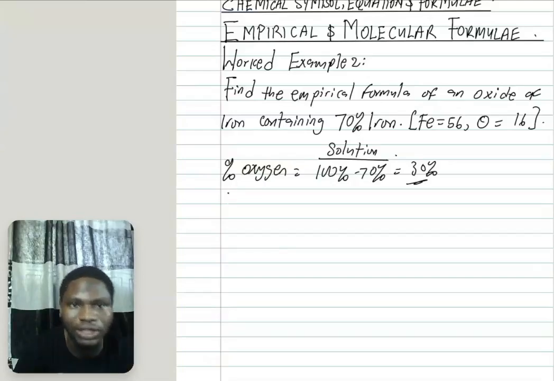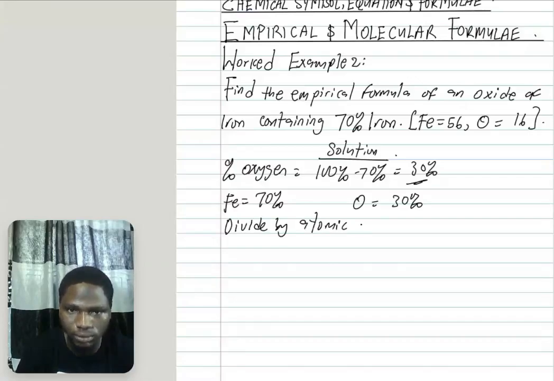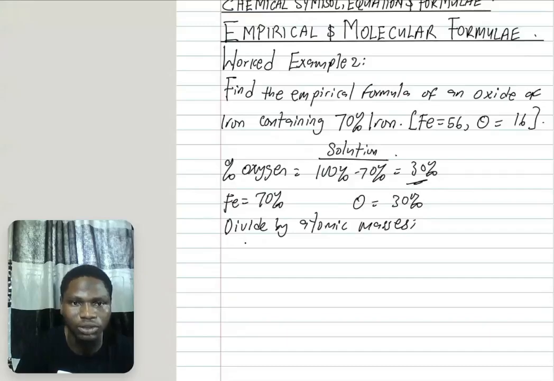So therefore, let us now write the percentages out. For iron we have 70%, and for oxygen we have 30%. So the first step is to divide by atomic masses. So we just say 70 divided by, for iron we have 56.